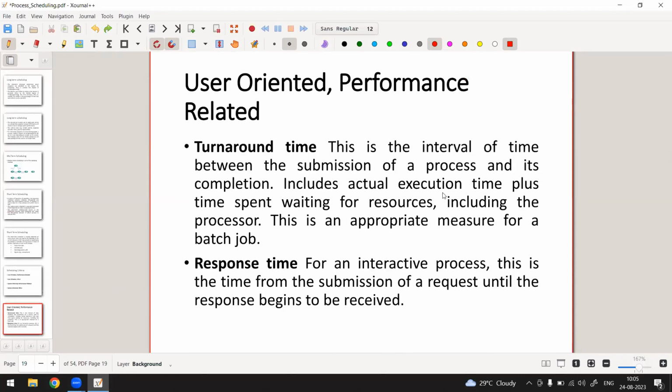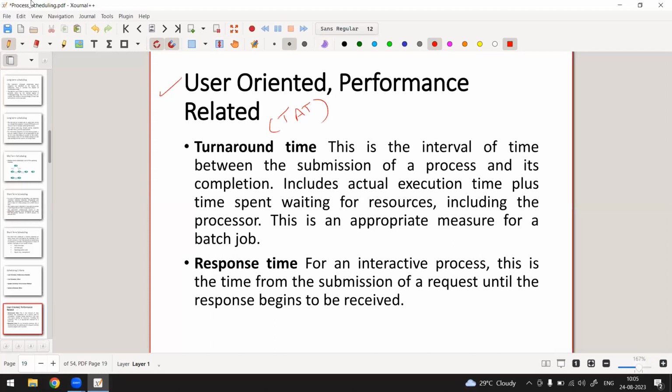The first category we see is user oriented and performance related. In this section, the first criterion is called turnaround time, also written as TAT in short form. It is very important when you solve some examples. Now, what is turnaround time?